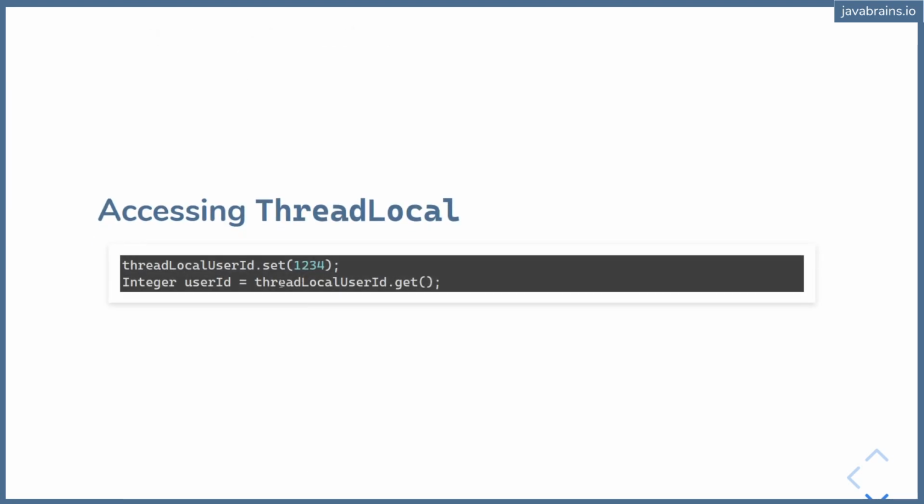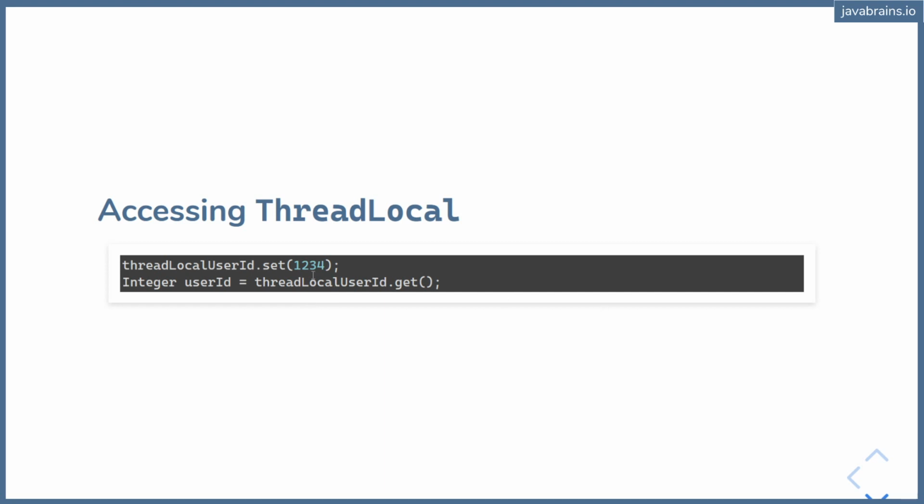So let's say I do something like this. I don't set a value directly. I use a method called set to set a value to this ThreadLocal, and I use a method called get to get the value from the ThreadLocal. You can almost think of it like a package where you put and retrieve things from, and the ThreadLocal class and implementation does the right thing. So here, in thread A, I do threadLocalUserID.set of this value. I'm setting a value to a ThreadLocal, and in that same thread, I do a get from the ThreadLocal. What I'm going to get back is the value that I've set.